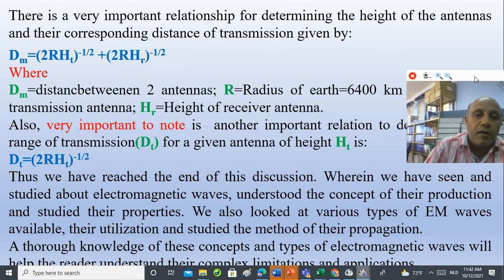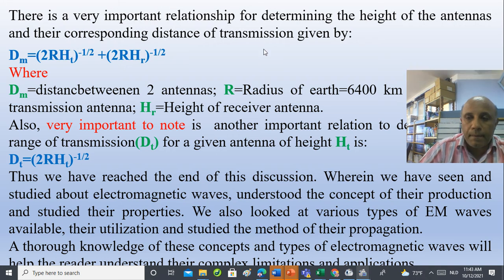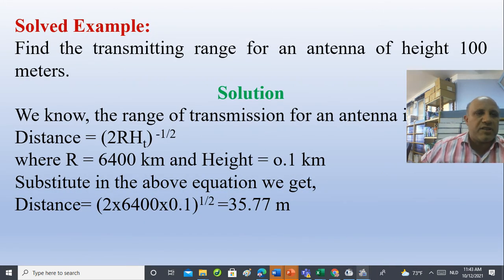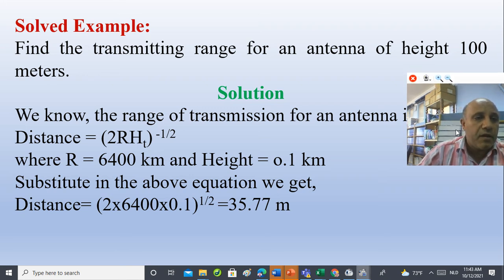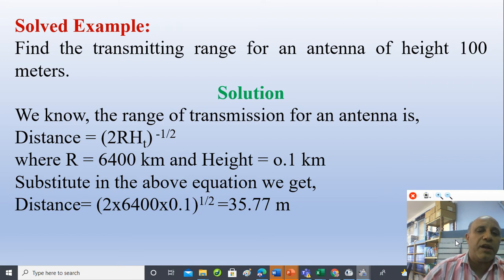Solved example: find the transmission range for an antenna of height 100 meters. We know the range of transmission for an antenna is the distance equal to the square root of 2 times the radius of earth times the height of the antenna. We have to calculate the square root of 2 times R times ht, where R equals 6,400 kilometers and the height equals 0.1 kilometer.